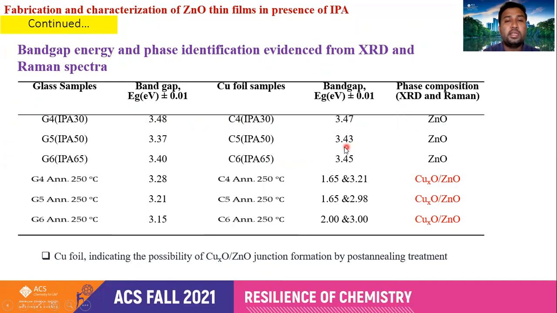But when the sample is annealed, in the case of copper foil samples, we see a number of phases, either cuprous oxide or cupric oxide for copper oxide, and a zinc oxide phase is also present. That means copper oxide and zinc oxide junctions are produced when we anneal the samples at 250 degrees Celsius for 1 hour.